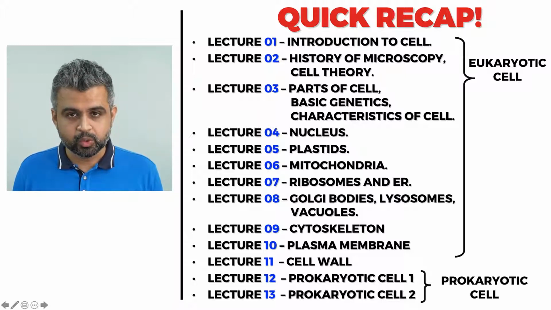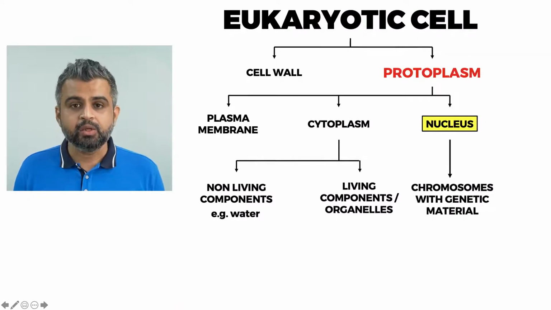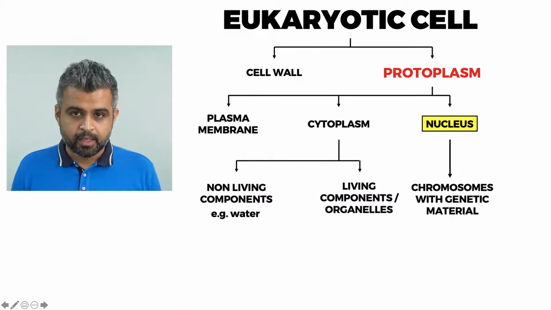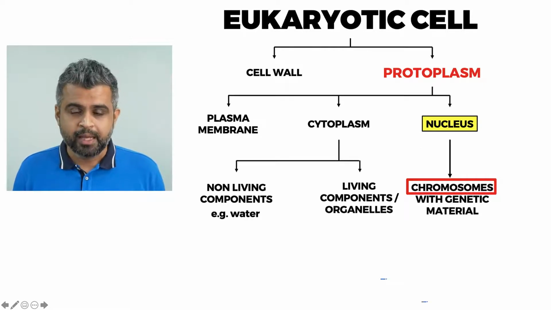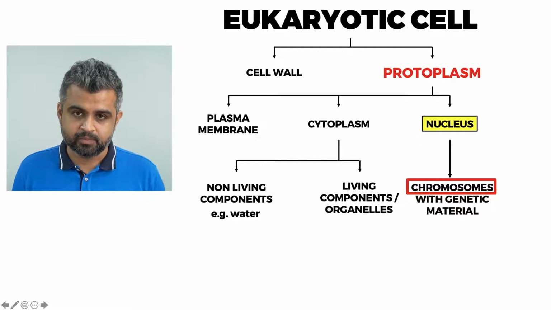Which brings us to today's lecture. So if we finished everything about the cell, what is the bit that is remaining? If we consider a eukaryotic cell, as far as its nucleus is concerned, it shows the presence of something called chromosomes. And the last part of this chapter in the NCERT discusses those chromosomes and their types.